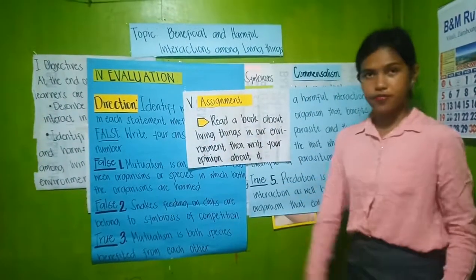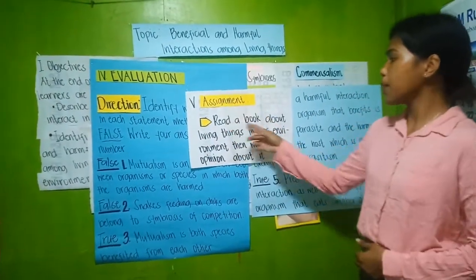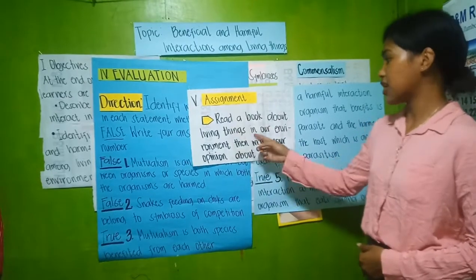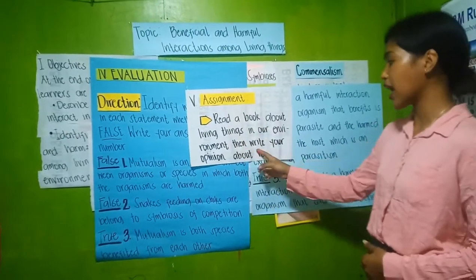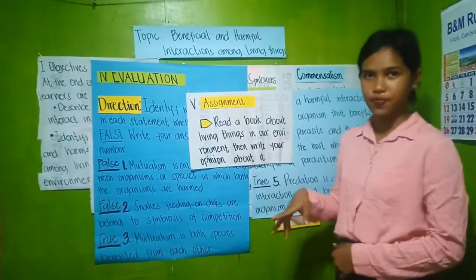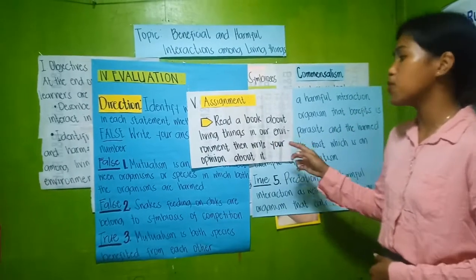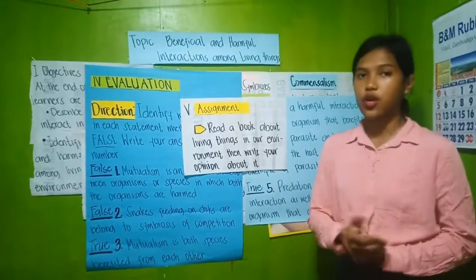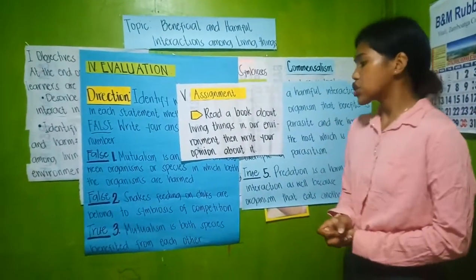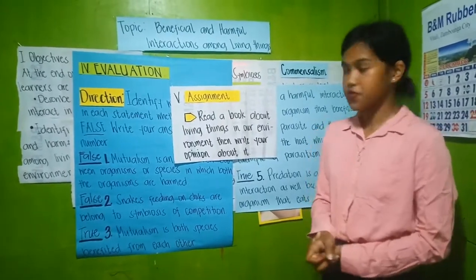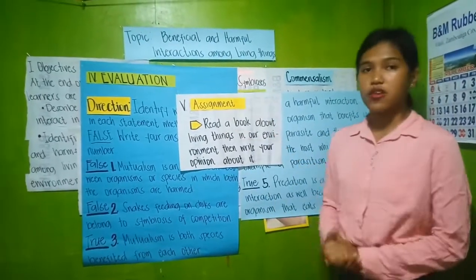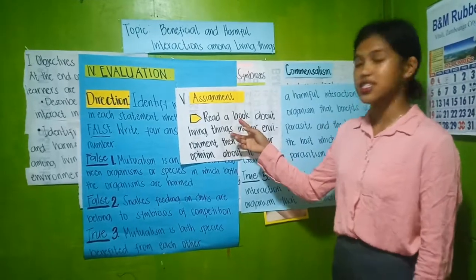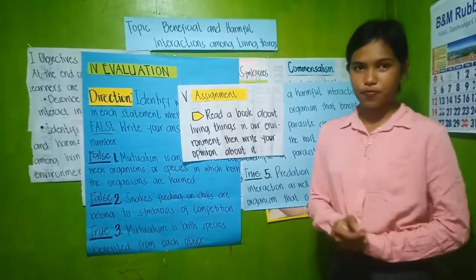Okay, assignment. Read a book about living things in our environment, then write your opinion about it. Any book that talks about living things in our environment, and write even a short opinion about it. So that's your assignment, and pass this on our next meeting.